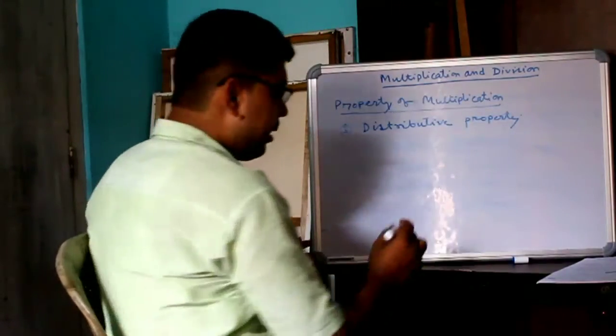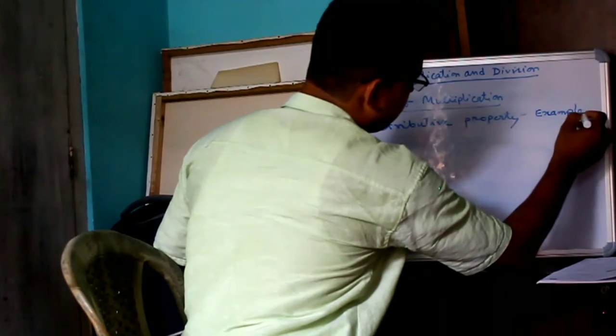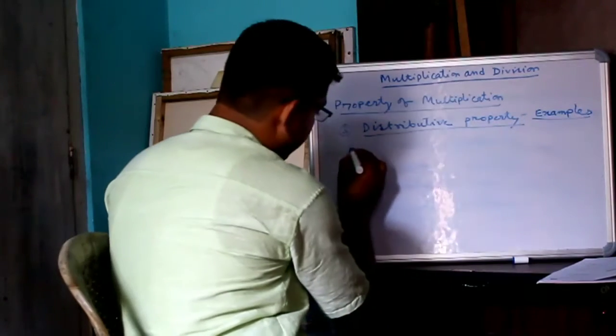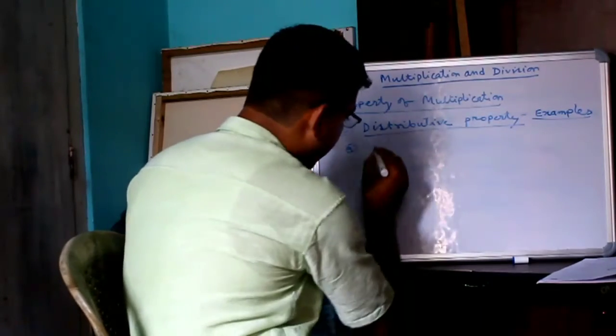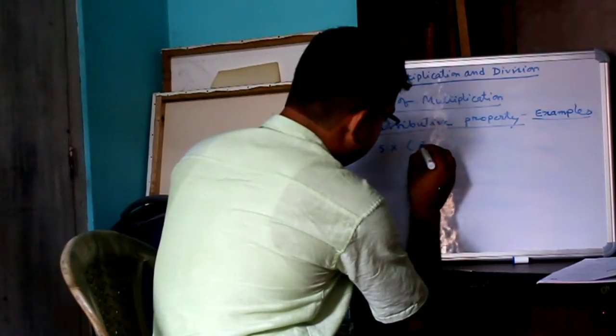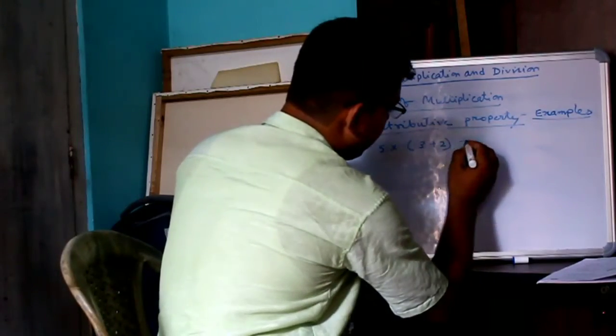See, if we multiply, examples. Suppose 5 into 3 plus 2, then how will we write?